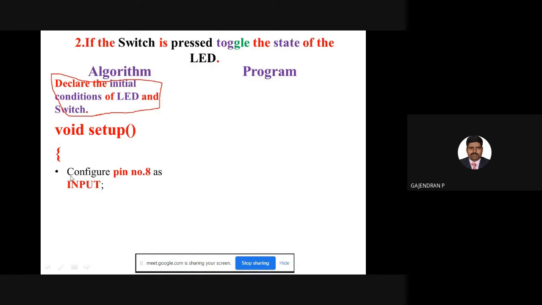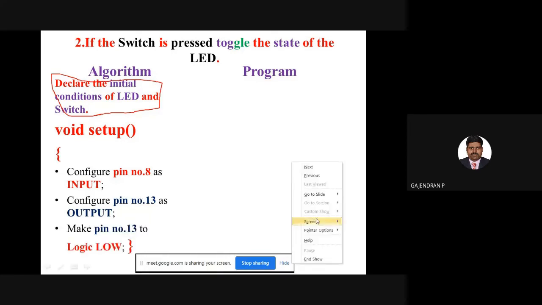As per our hardware setup, we configure the 8th pin as an input. We have connected the LED to the 13th pin, so configure the 13th pin as an output. Then immediately make the 13th pin low.